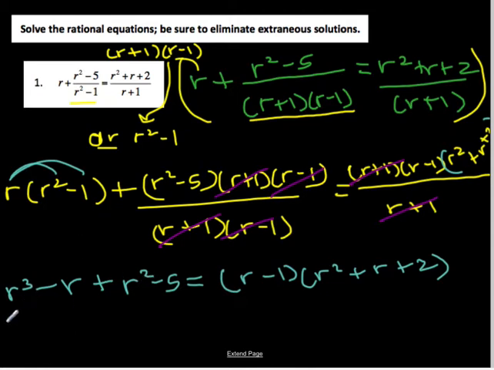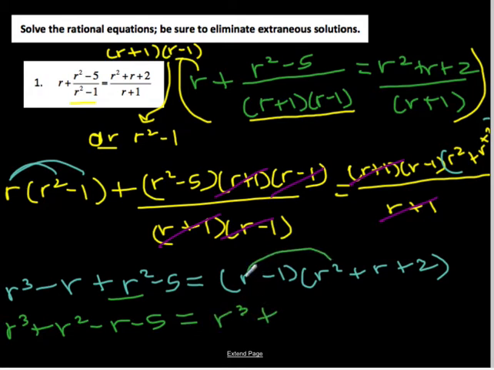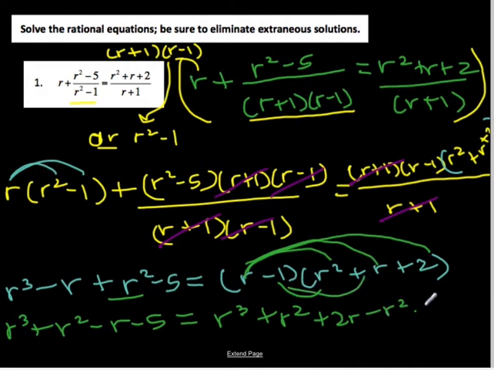Just remember, standard form is writing it with the highest exponent to the lowest exponent. There are no like terms to combine there. And then on the right-hand side, I am going to distribute to each one. So I would have r to the third plus r squared plus 2r, now minus r squared minus r minus 2.